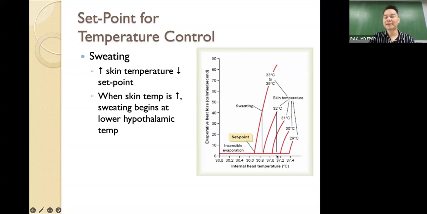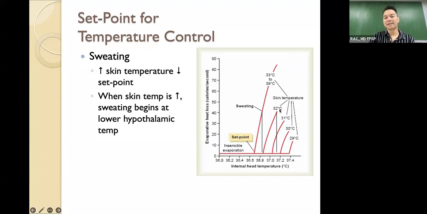This means that at 37.1 or greater, the body will sweat. So you will lose heat. That brings down the temperature to 36.9. So that's how your body will lose heat just to match the set point.